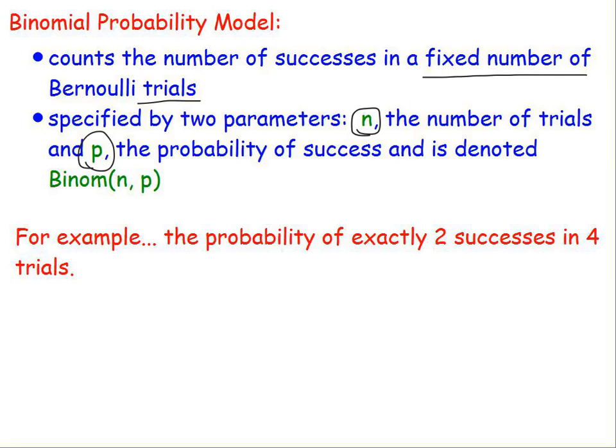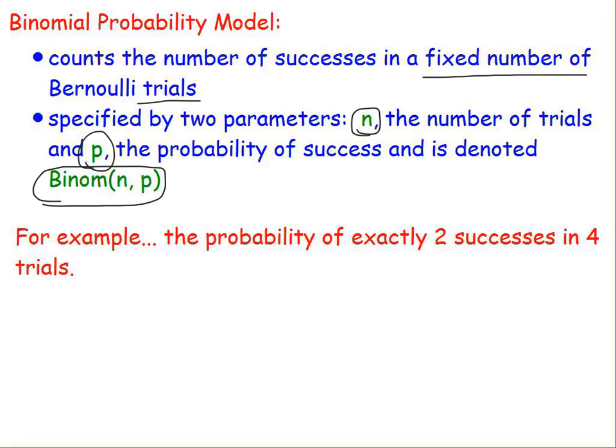Our notation for a binomial model is BINOM for binomial, and then the number of trials always comes first, so that's going to be a whole number like 1, 2, 3, 4, and then p always comes second, and because p is a probability, it's a decimal or a fraction between 0 and 1.